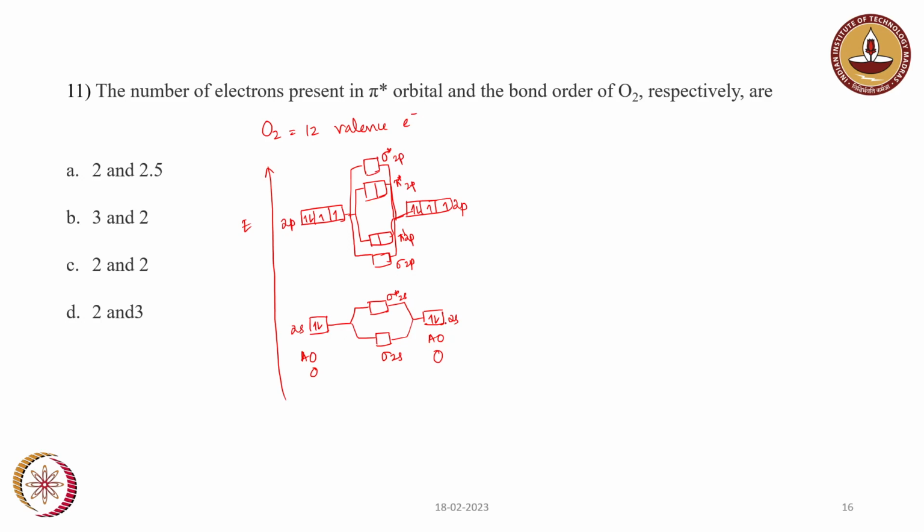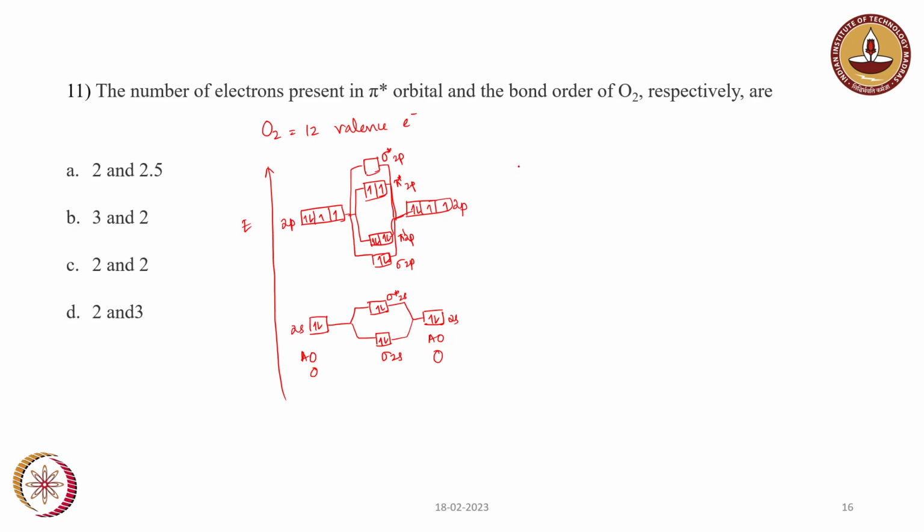So 4 electrons in two 2s orbitals, so they'll be filled in sigma 2s and sigma star 2s. And in 2p there are 8 electrons that will be filled in sigma 2p, pi 2p, and 1 electron each in pi star 2p orbitals.